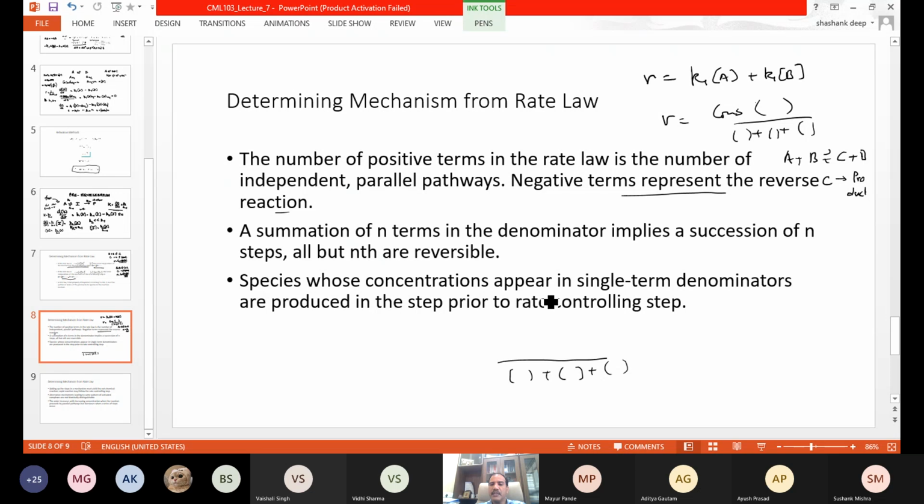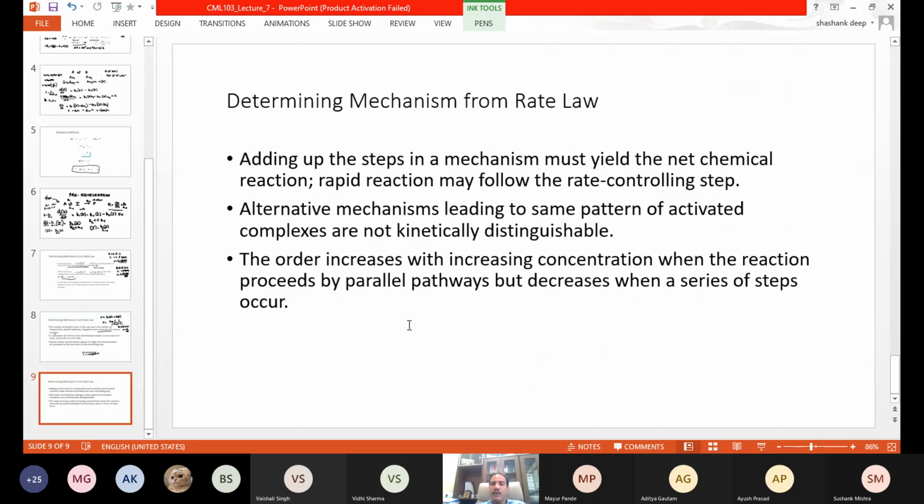Species whose concentration appears in a single term denominator are produced in a step prior to the rate controlling step. So that's what I told, that if there is one term here, it must have been produced one step prior to the rate determining step. Finally, adding up the steps in the mechanism must yield the net chemical reaction. So a rapid reaction may follow the rate controlling step.